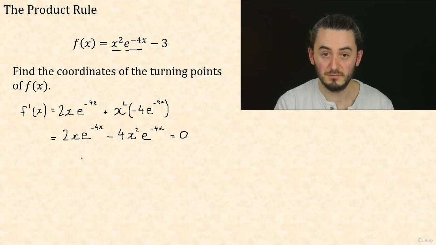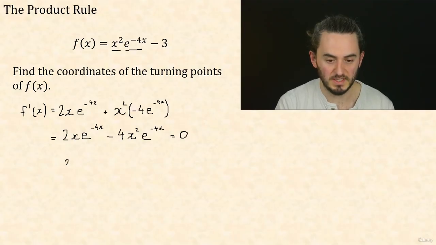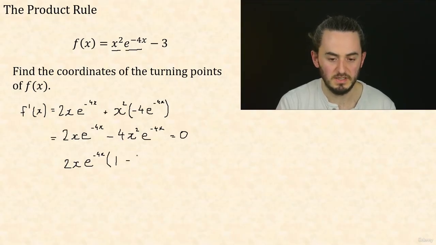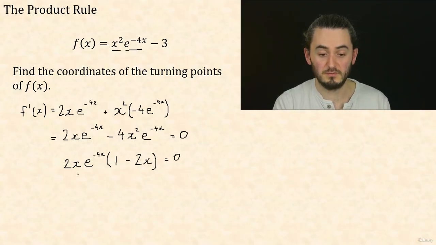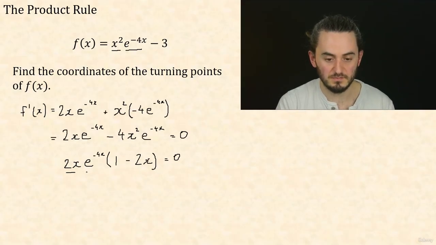Best way to solve this is fully factorize this. So I can pull out a 2 and an x and an e to the negative 4x. Okay, that's a factor of both. Obviously it's just that times 1 for this first one, and for the second part here it's just 2x. Okay, so I've got products of three things here: 2x, e to the negative 4x, and 1 minus 2x.